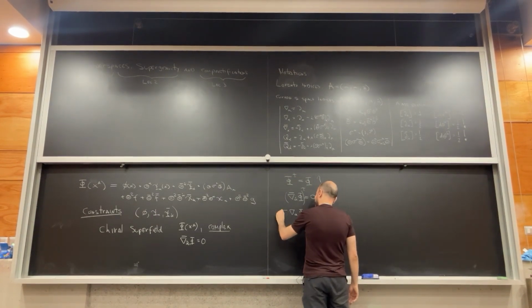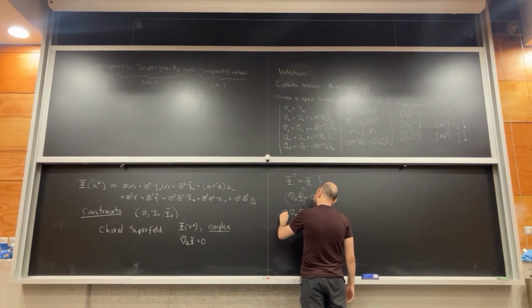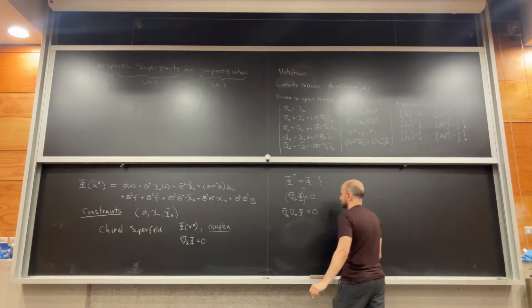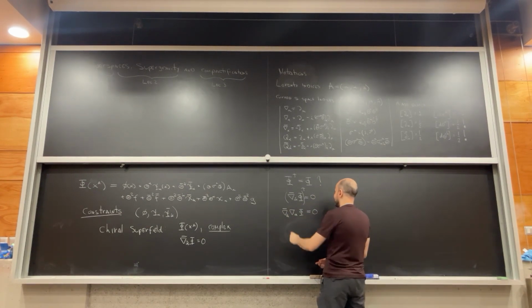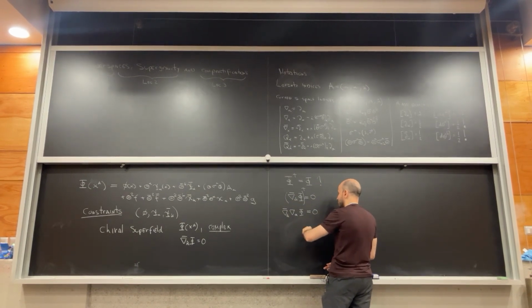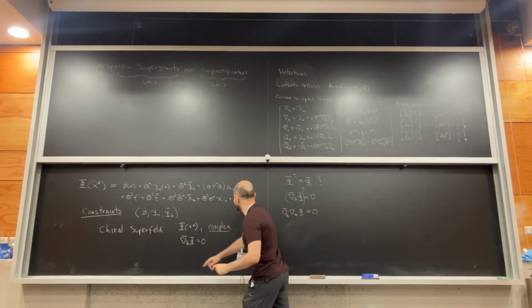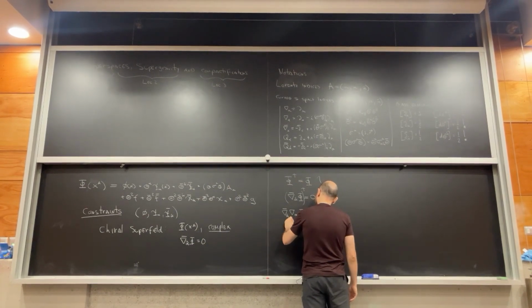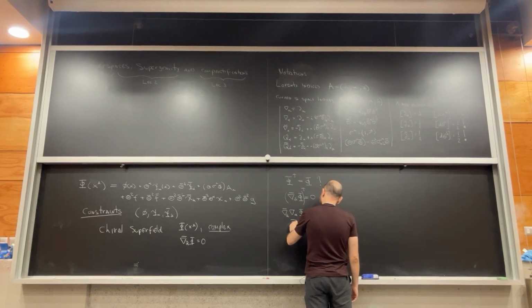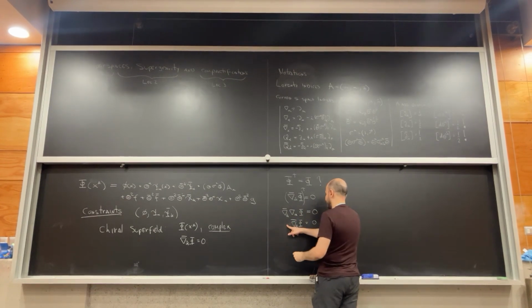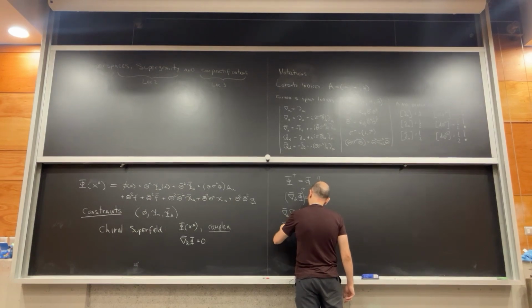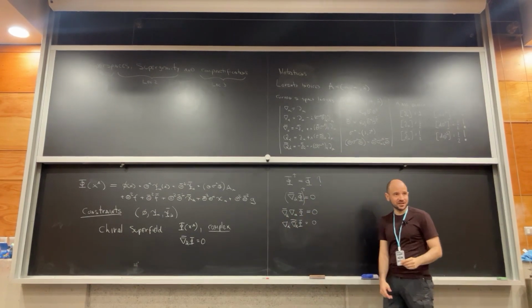So if I act with nabla alpha bar on phi, this is still 0, and now I start with the other one, the one that I wrote here. This is 0, so if I act with nabla alpha, this is still 0, right?